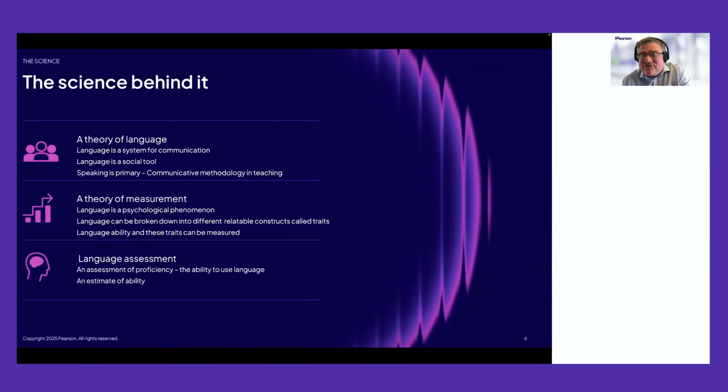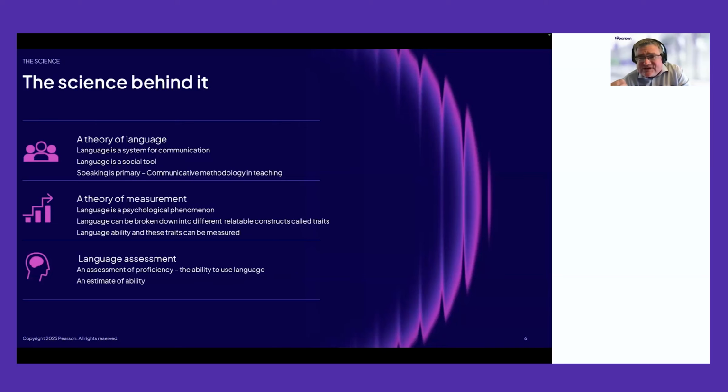We can measure these traits, and we can therefore come up with numbers. In the science of scoring, we can come up with numbers which are meaningful and which represent somebody's ability to speak in a language, to listen and to understand, to read a language, and also to write.